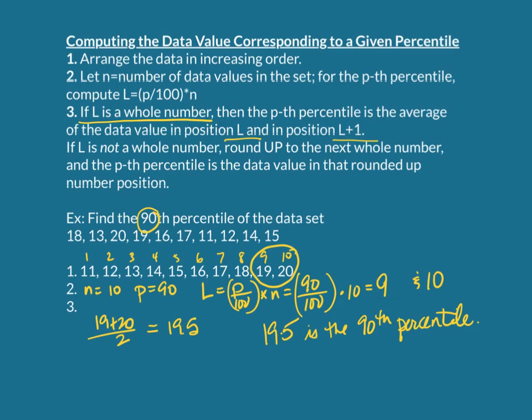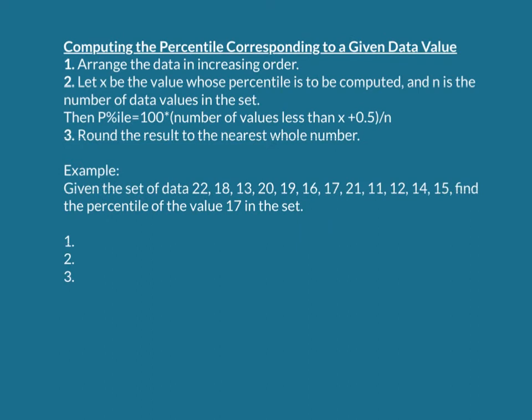But what if the question was flipped? Asked you to tell me, okay, this data value in the set, what is its percentile? So we have a procedure for that. Again, it's 3 steps. The first step is arrange the data in increasing order. Now we let x be the value whose percentile is to be computed, and n is the number of values in the data set.